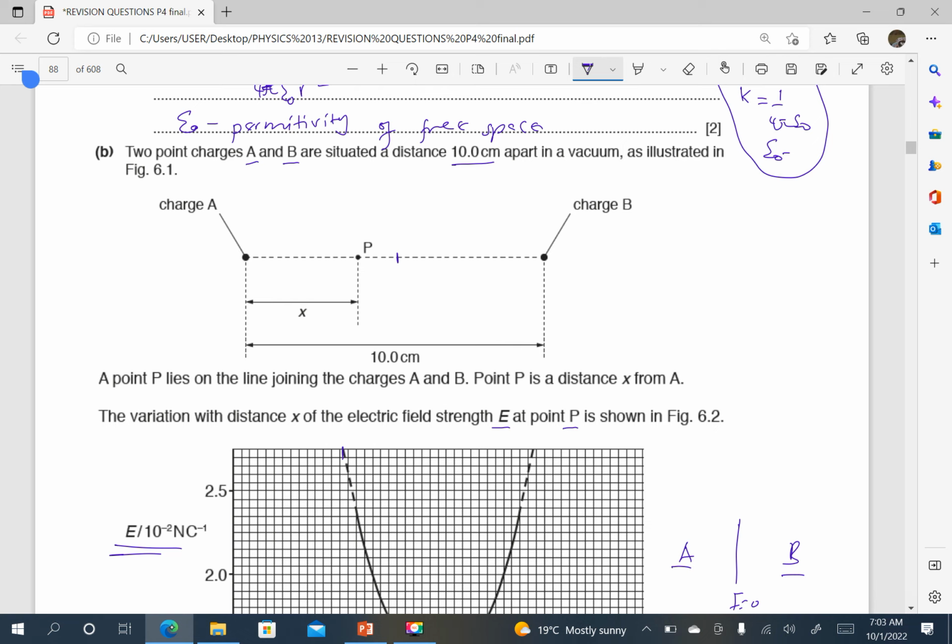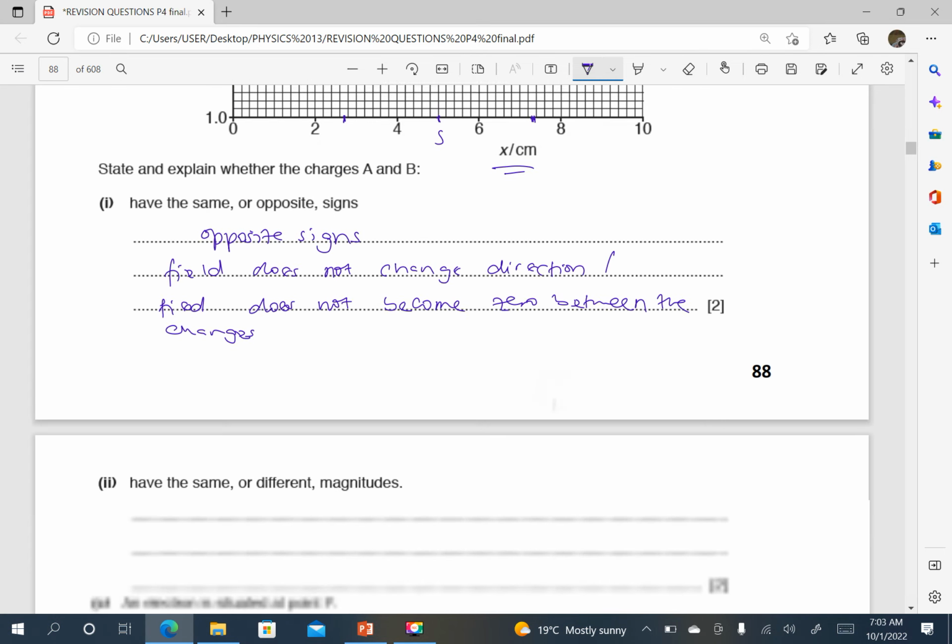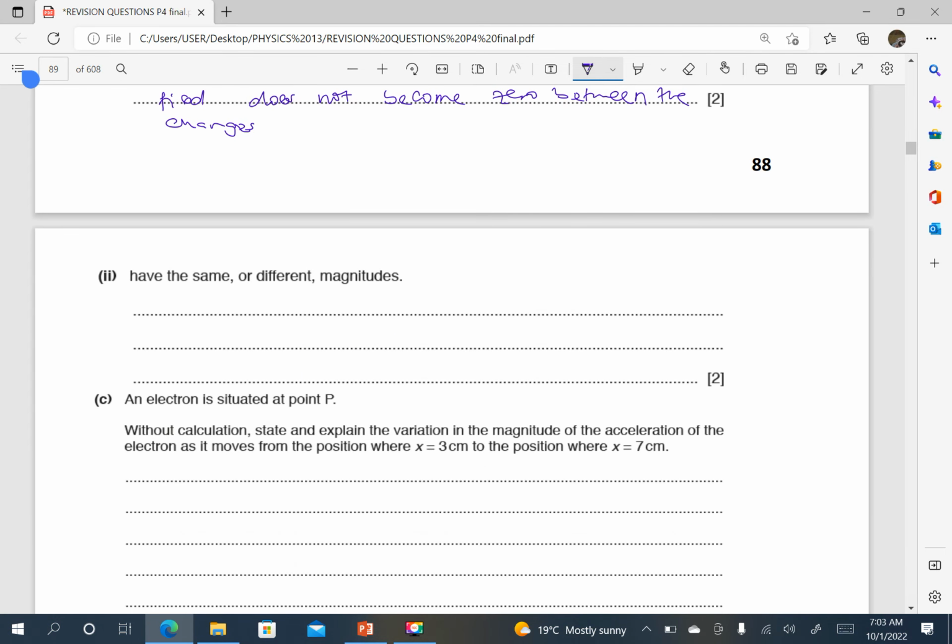If the minimum was closer to B, then B has a smaller magnitude than A. If the minimum was closer to A, then A has a smaller magnitude of charge than B. Because for like charges, the neutral point is closer to the weakest charge. But in this case, the minimum field strength is at the center between the two charges, so we can conclude that they have the same magnitude.